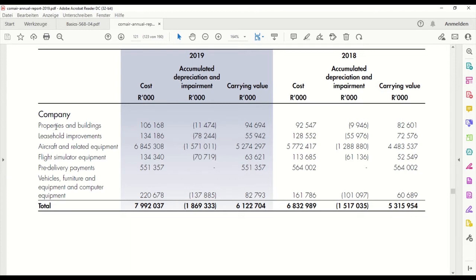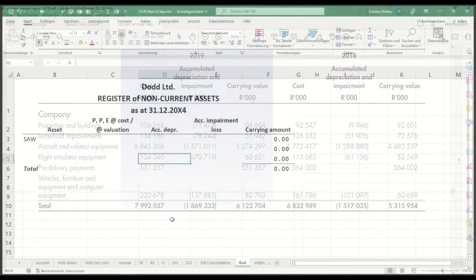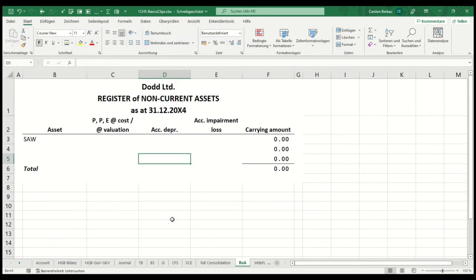The company shows in the lines their items like properties and buildings, leasehold improvement, aircraft and related equipment, and you see the columns cost, which is the cost of acquisition or the cost of revaluation, accumulated depreciation, which always is a negative value as it is a reduction of the cost of acquisition or the cost of revaluation, and as a result the carrying value, which is the cost of acquisition or the cost of revaluation less accumulated depreciation and less accumulated impairment losses.